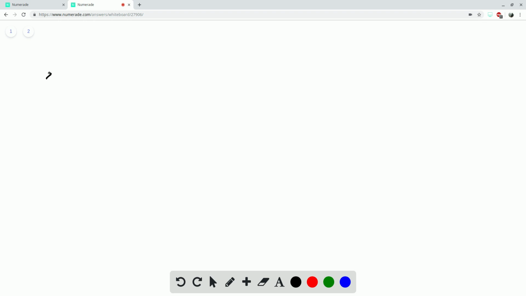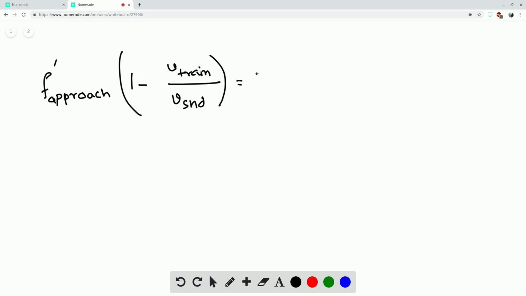So it's going to be f prime approach times 1 minus the velocity of the train over the speed of sound, that's equal to f prime recede times 1 plus the velocity of the train over speed of sound.